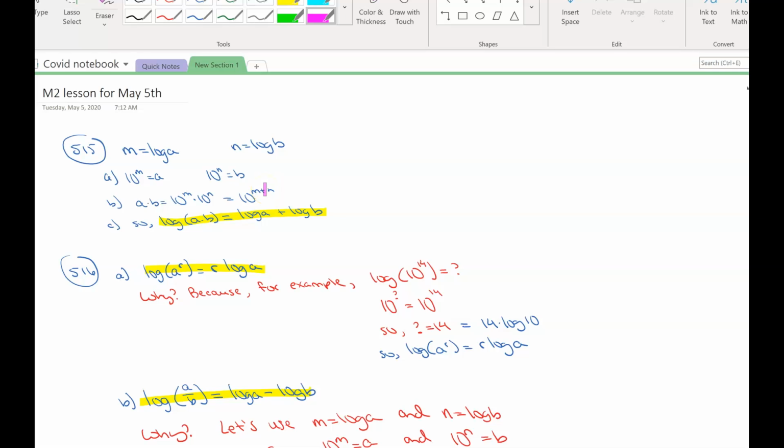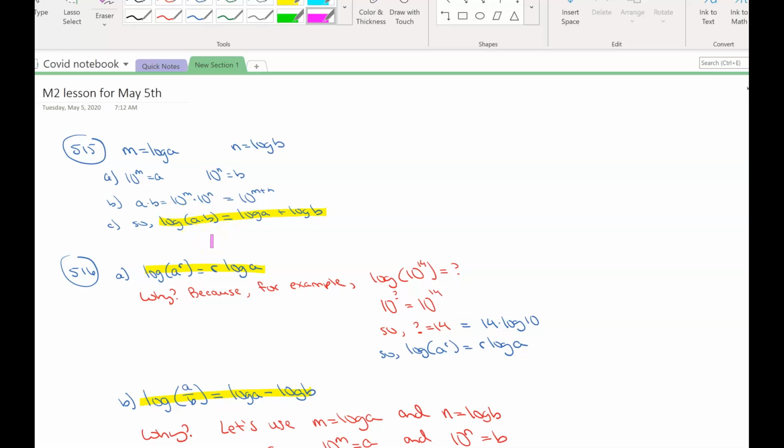So basically what this property is talking about is the relationship between, if you have log base 10 of A times B, this becomes log of A plus log of B. What most people do when they see this for the first time is they'll say, oh, log of A times B equals log A times log B. They'll do this weird distributing of the log to the A and B and then keep the times, and that is not correct.